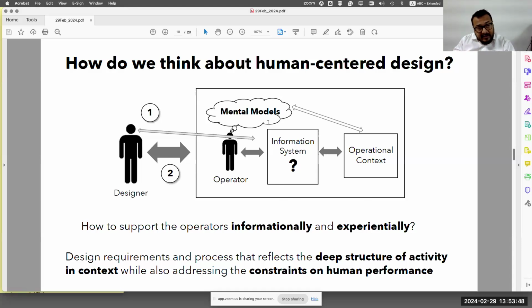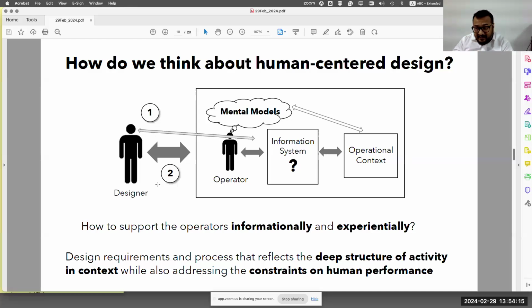So when we think about operator experience and operator interfaces, both these viewpoints have to be taken together, which means it is not that we do not recognize the engineering dimensions of the system, but we have to ensure that the experiential dimension is not reduced to the engineering aspect of it.